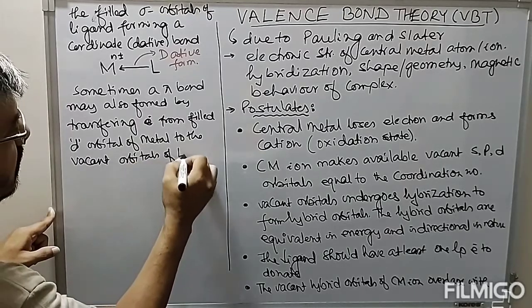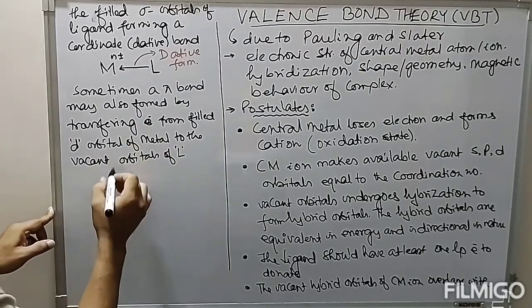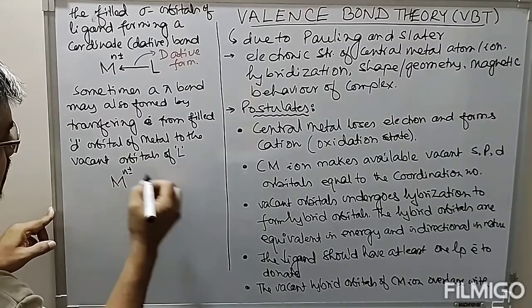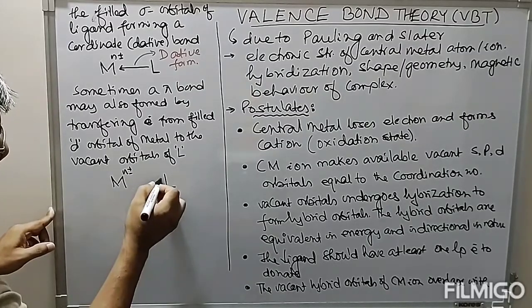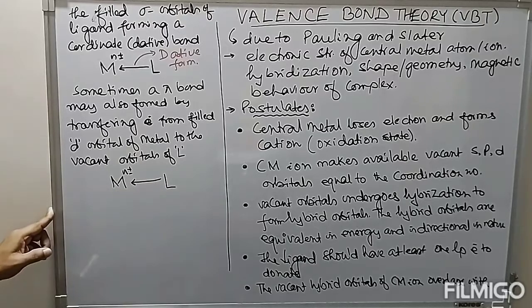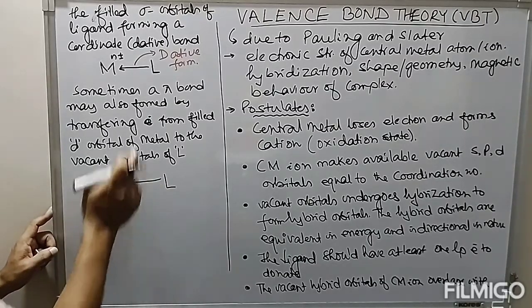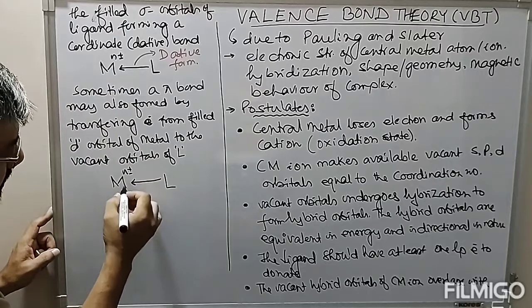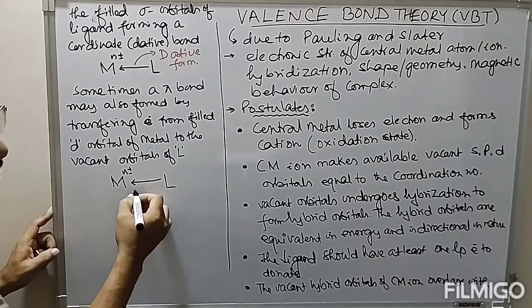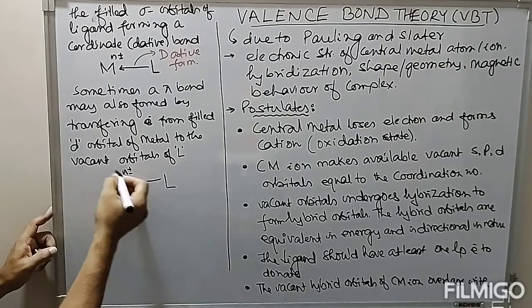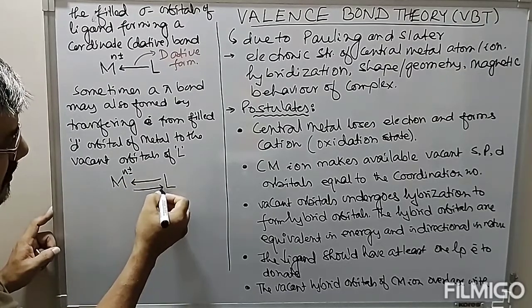That is, we have this metal, this ligand. So first look at this, the ligand is transferring a pair of electrons from its filled sigma orbital to the vacant hybrid orbital, forming a sigma bond. In the second case, the metal may transfer a pair of electrons from a filled d orbital to the vacant orbital of the ligand.